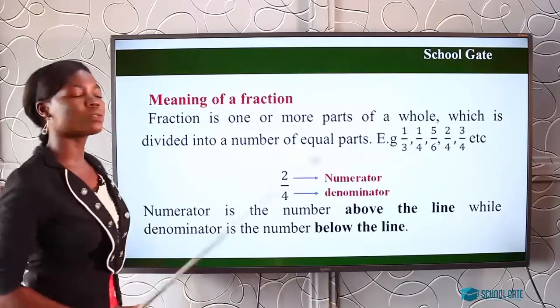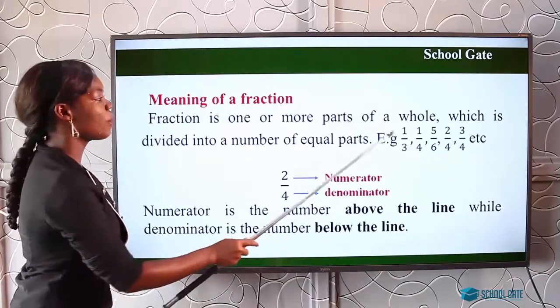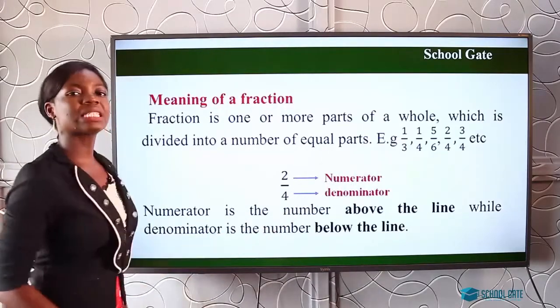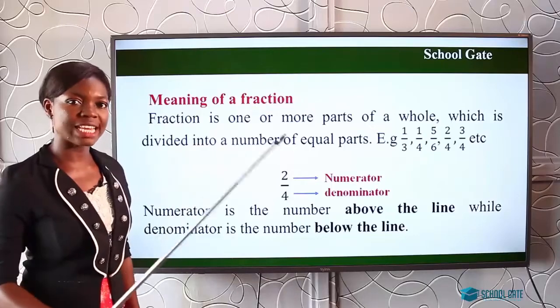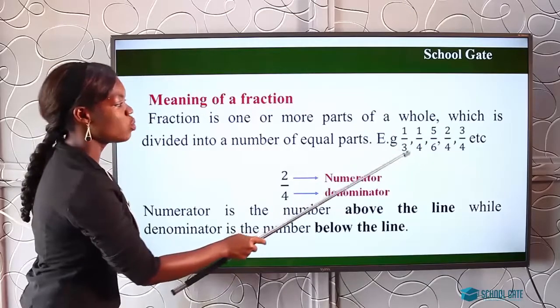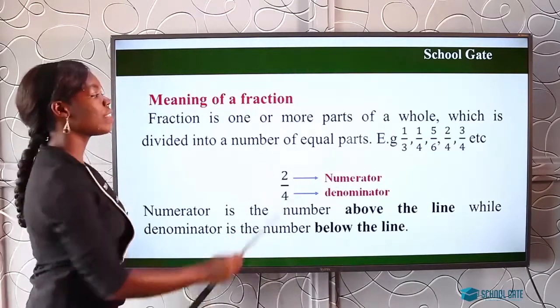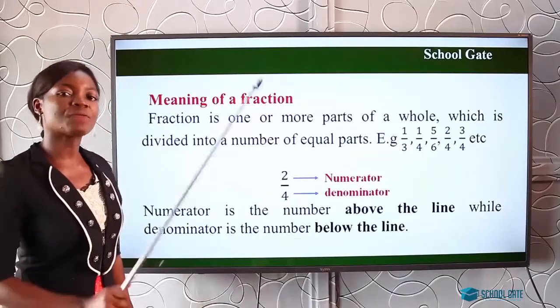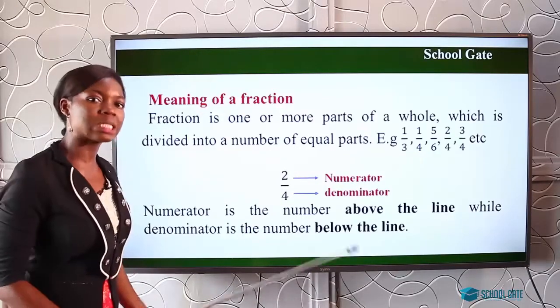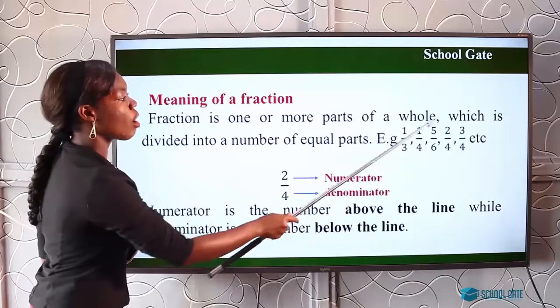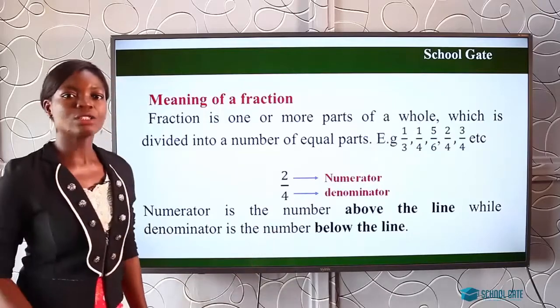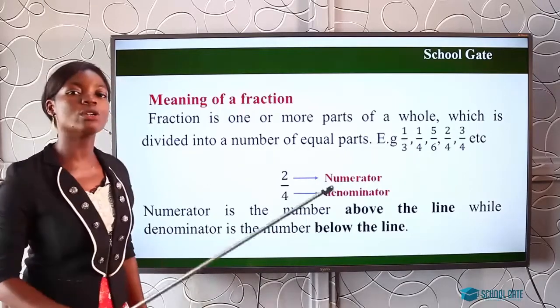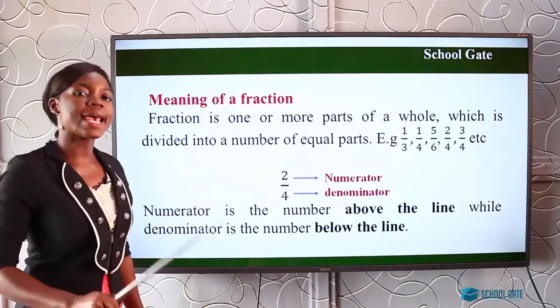For example, 1 over 3 means one part was shaded out of 3, which is the whole. When you see 5 over 6, that means 5 parts were shaded out of the complete whole, which is 6.